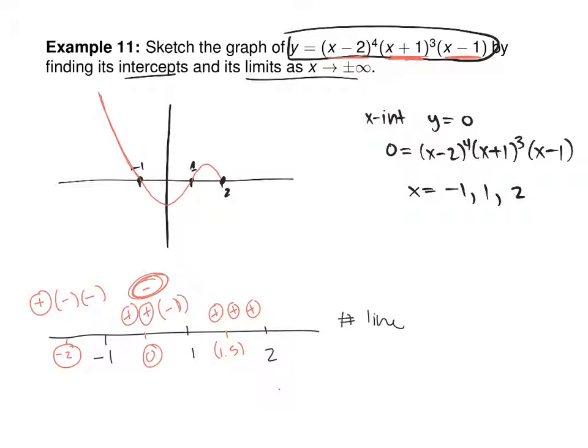How far up you go and where the maximum specifically occurs, you can't figure out because you don't know enough math yet. But the point is it's positive there, above the x-axis. And then past 2, what's happening? If we tested, say, 3, we would get plus, plus, plus. So it also goes back up.